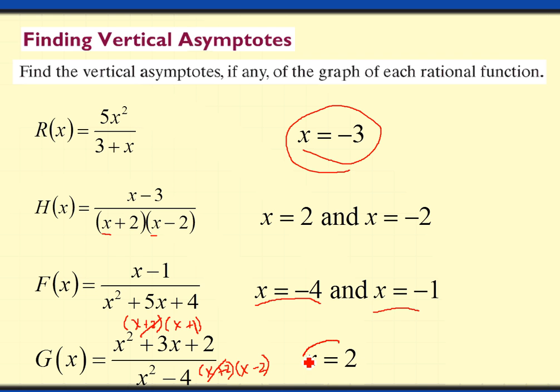So to determine vertical asymptotes, the rational function has to be in reduced form before we can tell for sure what the vertical asymptotes are. This common factor in the numerator and denominator causes a hole. So I would expect a hole at the x value that causes that x plus 2 to be 0, and that's when x is negative 2. So this graph would actually have a hole in it and only one vertical asymptote.